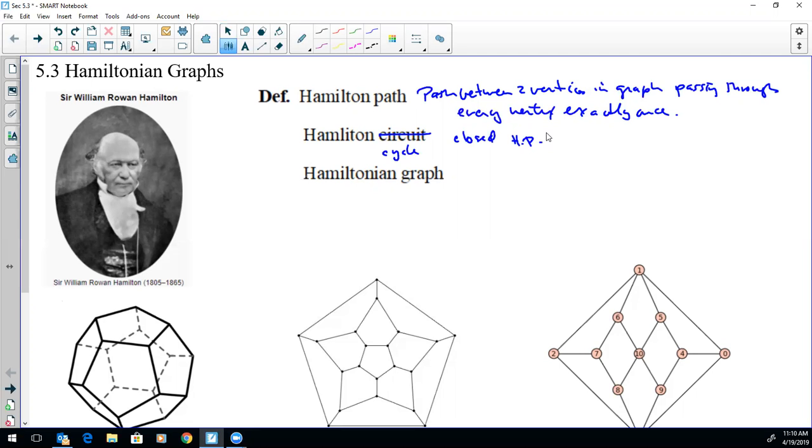So I don't know why the book adds that caveat there. Other books on graph theory don't. And a Hamiltonian graph is one which possesses a Hamilton cycle.